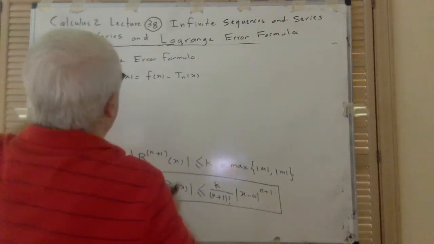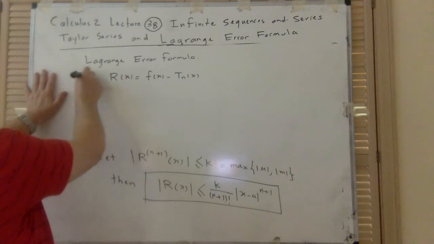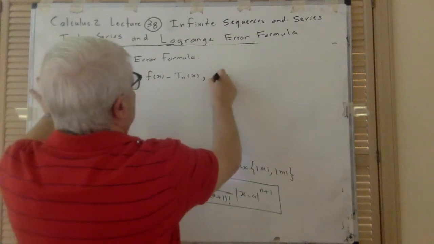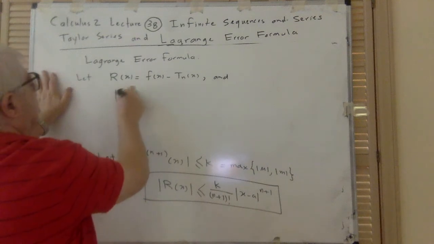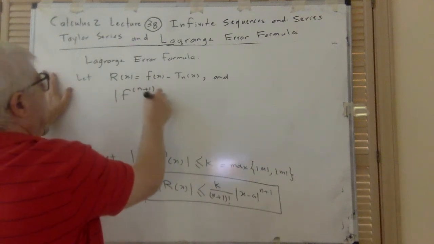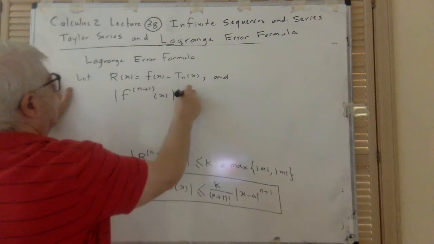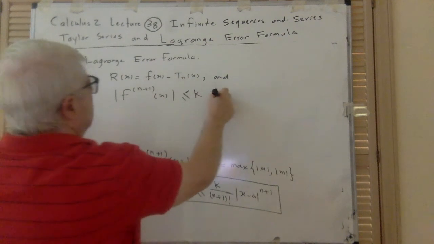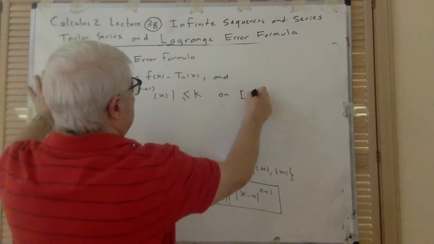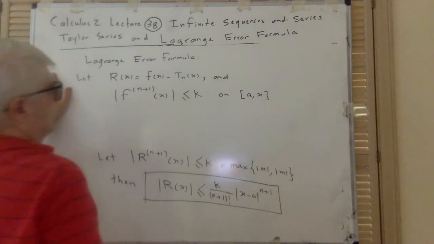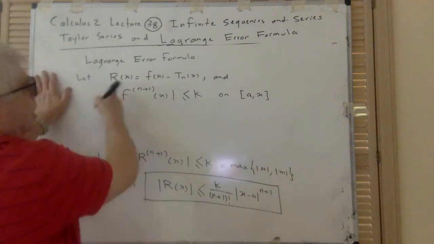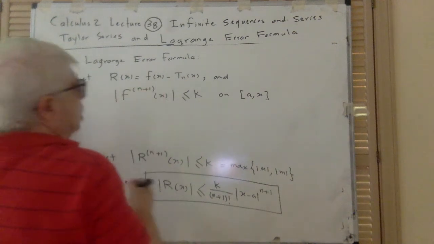Now, let the n plus 1st derivative of f, |f^(n+1)(x)|, be less than some k on the interval from a to x. Okay, so this is an approximation about a.